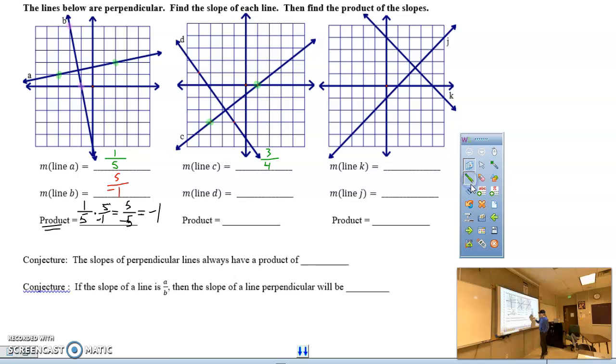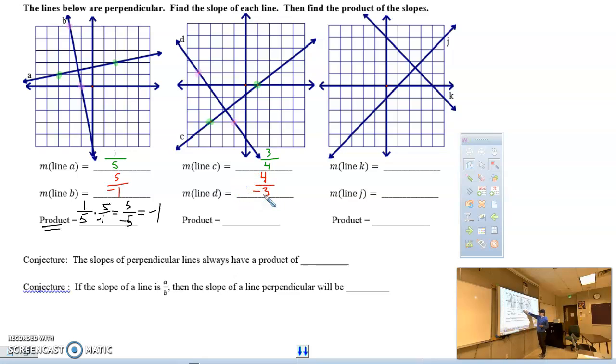Okay, on the second line, point here and a point there. And then going from the bottom, I'm going to go up 1, 2, 3, 4. So up 4. And then this time I'm going left 3, so that's a -3.